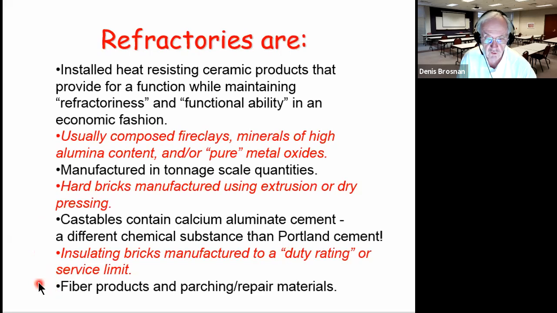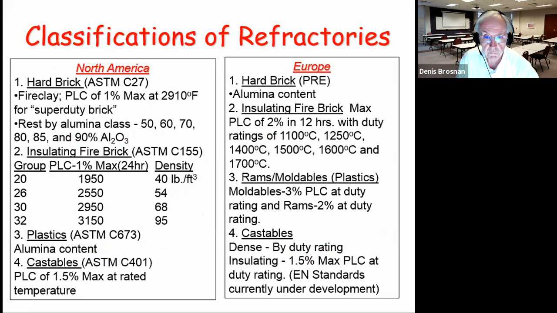Their great advantage is that they limit the amount of heat storage because of their light weight. And of course, they have incredibly good insulating values. So there are different classifications. I'm not going to say every word on these slides, but we have classifications in North America and Europe for hard brick, for insulating fire brick by duty rating.